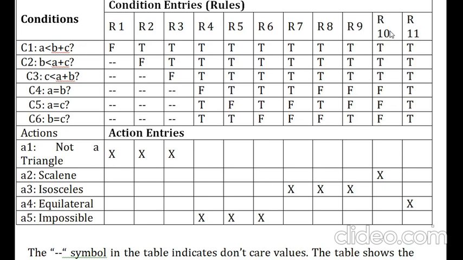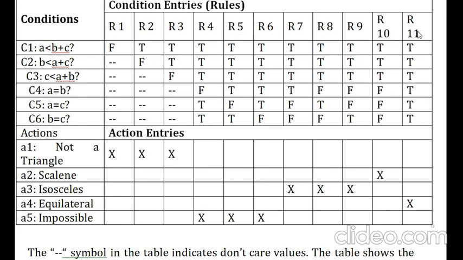So in rule number 10, in the condition entries, definitely C1, C2, C3 are true, but the remaining conditions C4, C5, C6 are false. That means A not equal to B, A not equal to C, and B not equal to C, then the result is no equal sides, which is a scalene triangle in the action entries.